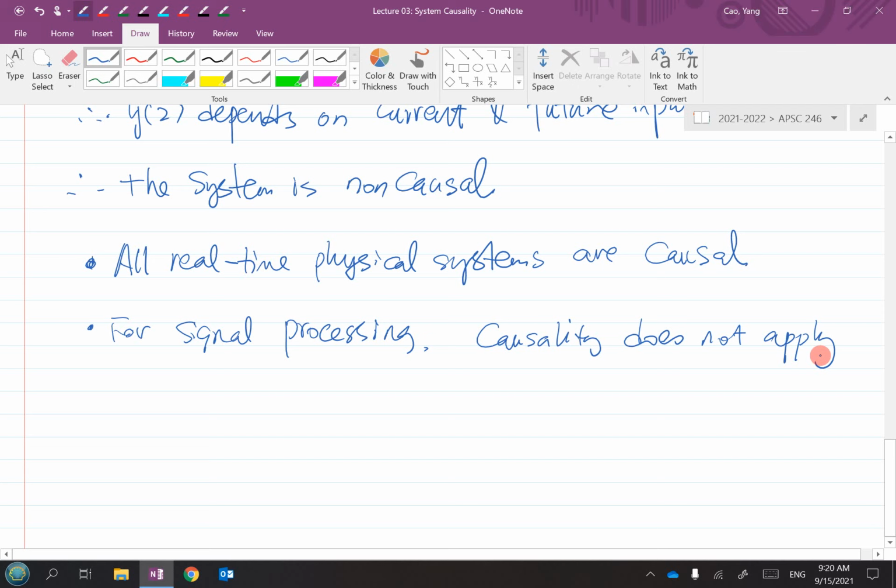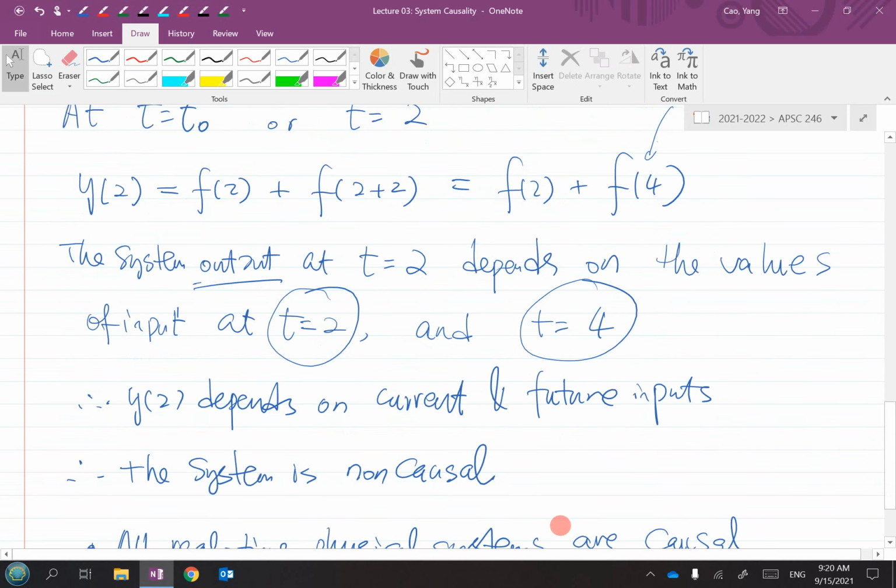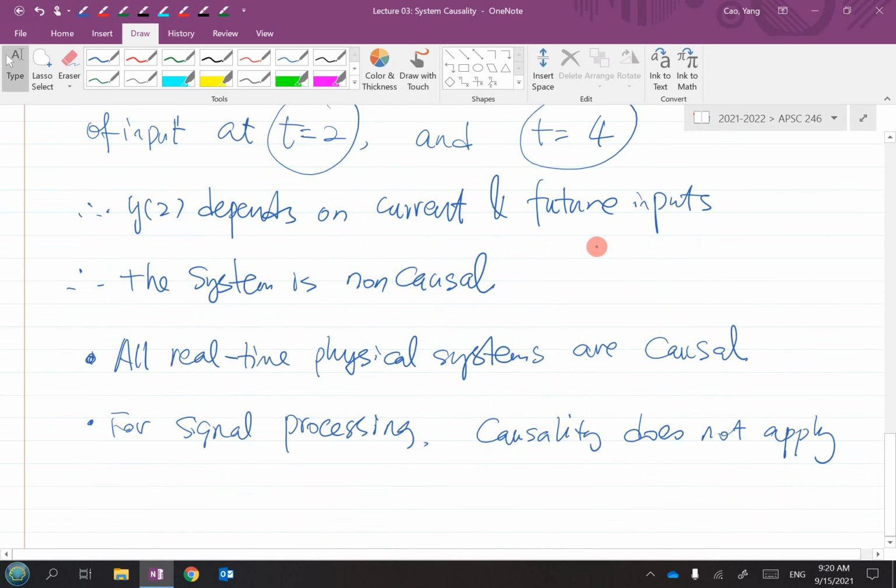You can still construct a model based on this set of data, and this model will sometimes appear to have the current output depend on the future input. But that's not exactly what we're saying here, because you're processing information that has already happened. That's why, for signal processing, causality should not apply.